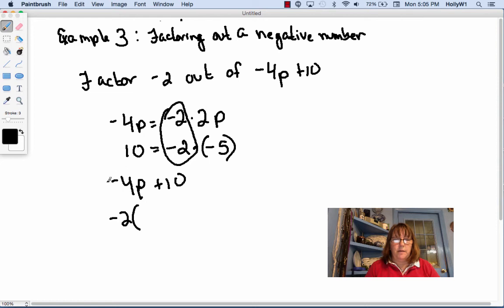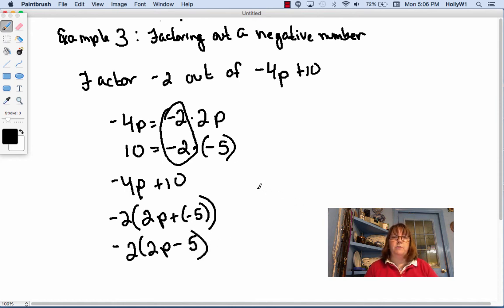If we divide -4p by -2, we are left with 2p. And if we factor -2 out of 10, we're left with -5. Of course, we mathematicians prefer to write this as 2p subtract 5. And that's how you factor out a negative number.